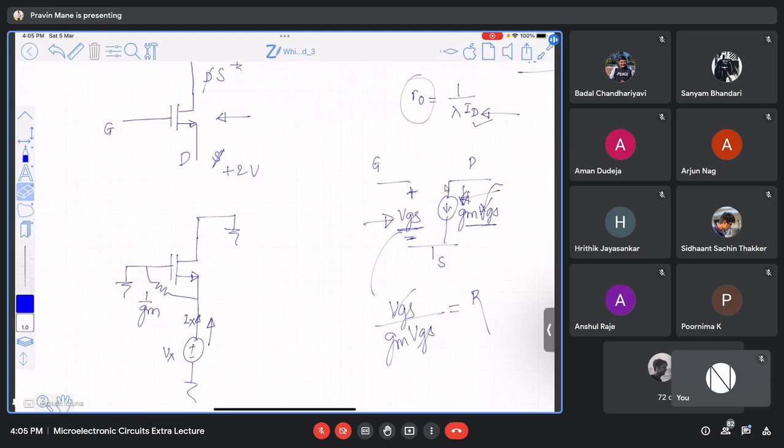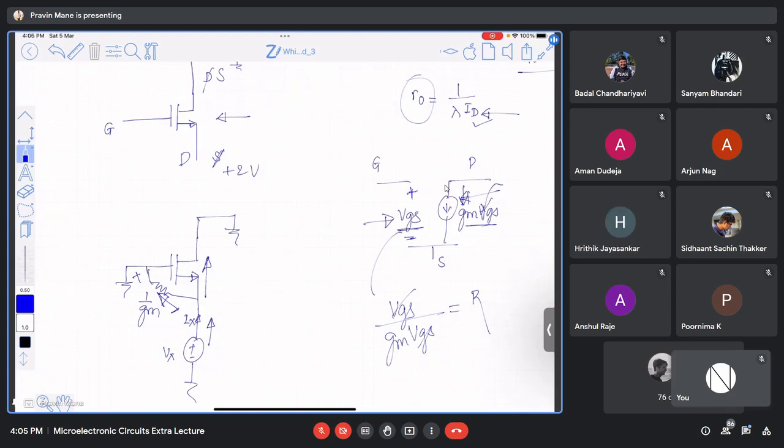So when I change the voltage VGS here, the current between drain and source changes. This current is not changing. You should understand, this current is not changing. The current through the MOSFET changes. So that is called transresistance.